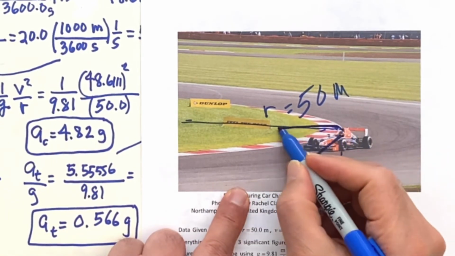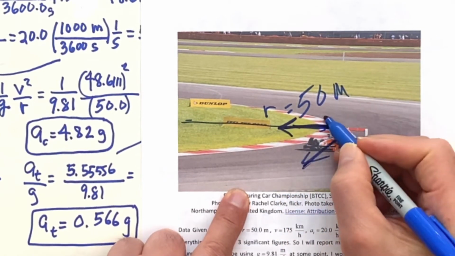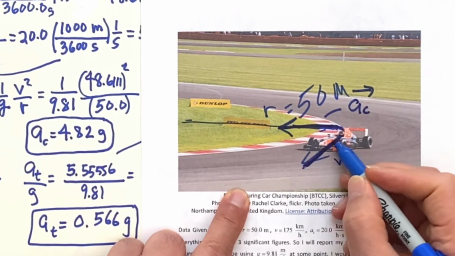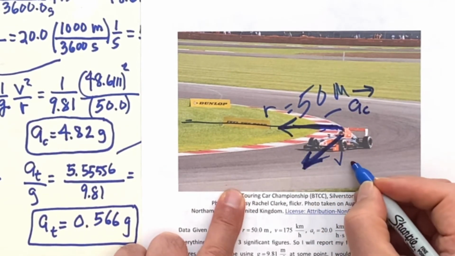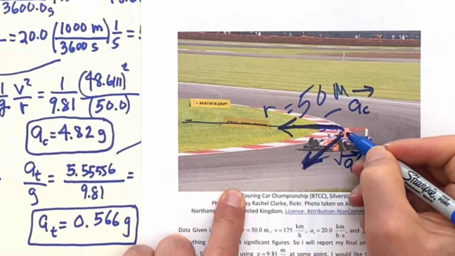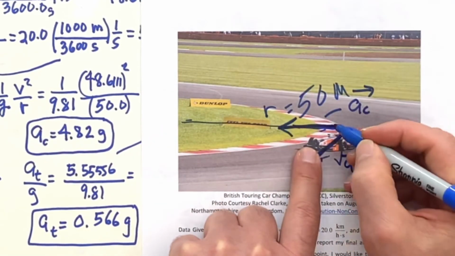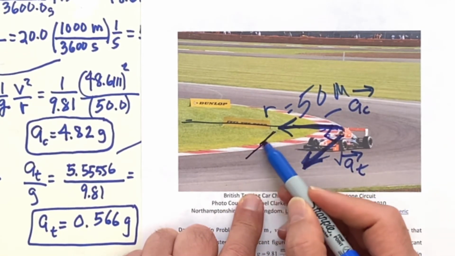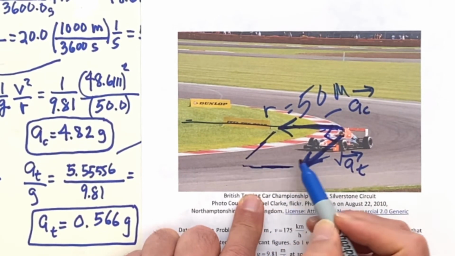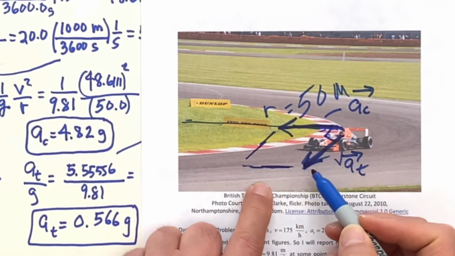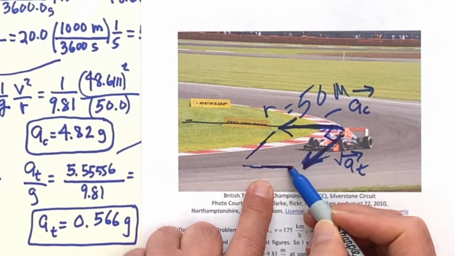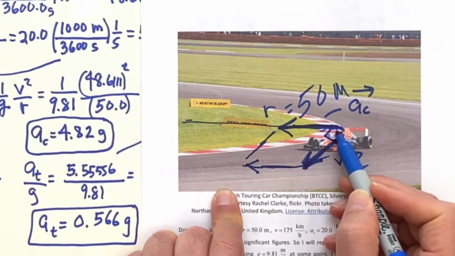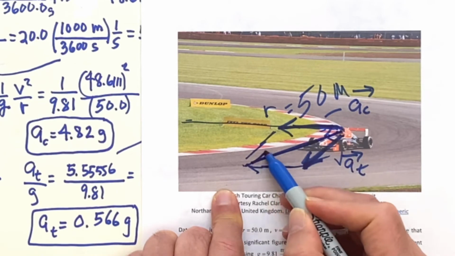We have a centripetal acceleration going toward the center, and then the forward direction we have the tangential acceleration, and we're assuming this is a perfect circle, so that's a right angle. You can make a rectangle here, and then the total would be along the diagonal.